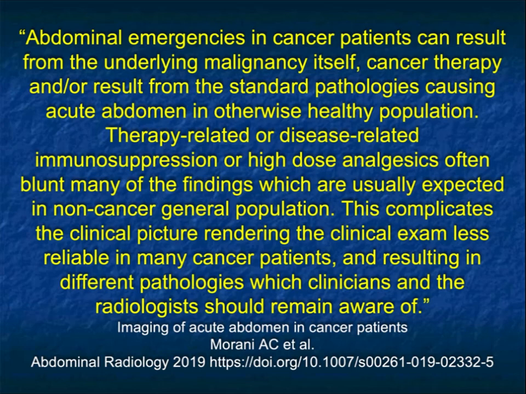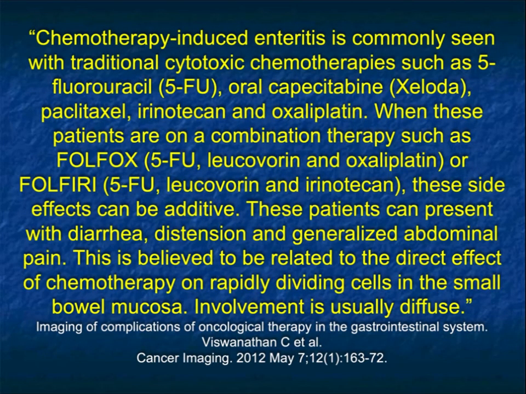Therapy-related or disease-related immunosuppression or high-dose analgesics often blunt many of the findings, which are usually expected in non-cancer patients. And of course, this complicates the clinical picture, rendering the clinical exam less reliable in many cancer patients and resulting in different pathologies which clinicians and radiologists should be aware of. So again, we play a major role.